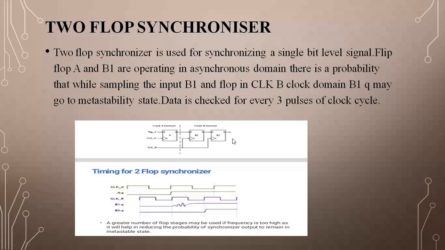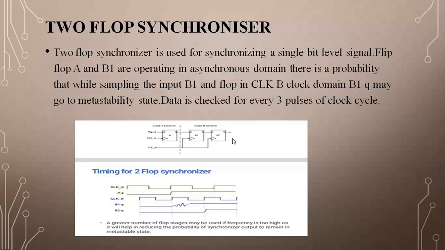So how can we say that we get the data after one or two clock pulse delay? The data is checked for every 3 pulses of the clock cycle. Only in that case can we say the data acquired is correct, without any metastability condition. So this is the working of the two flop synchronizer.